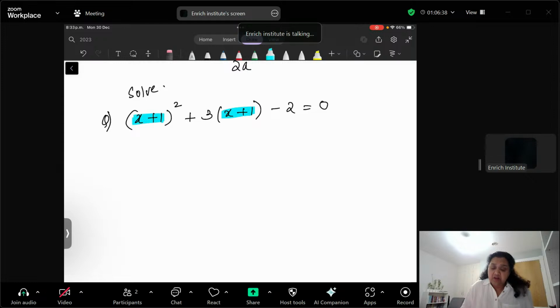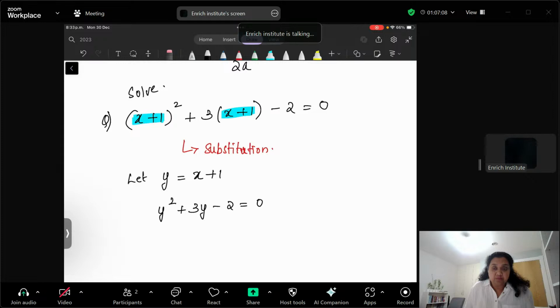So at that time, you go for substitution. How do you substitute? You take a different variable and put it. So I will substitute y is equal to x plus 1. Let y is equal to x plus 1. Now I can write the previous equation as y square plus 3y minus 2 is equal to 0.